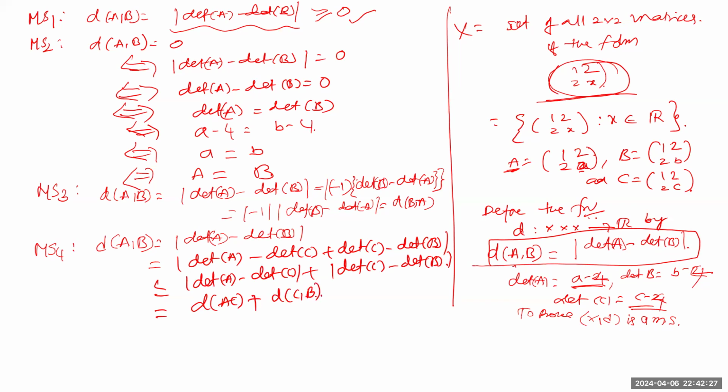So it is clear that X is a metric space, right? So now there is one interesting problem. What is that one?